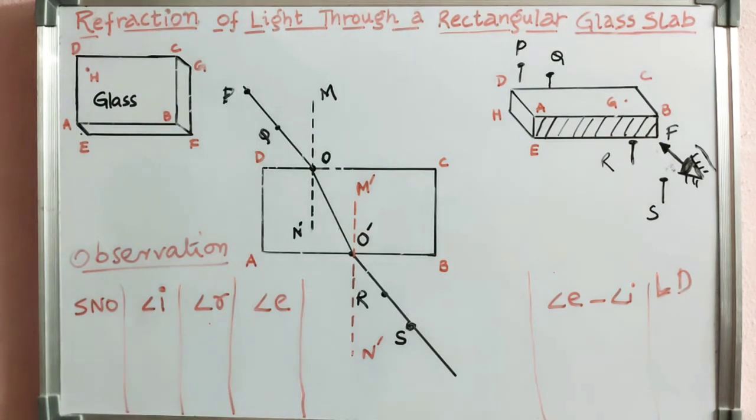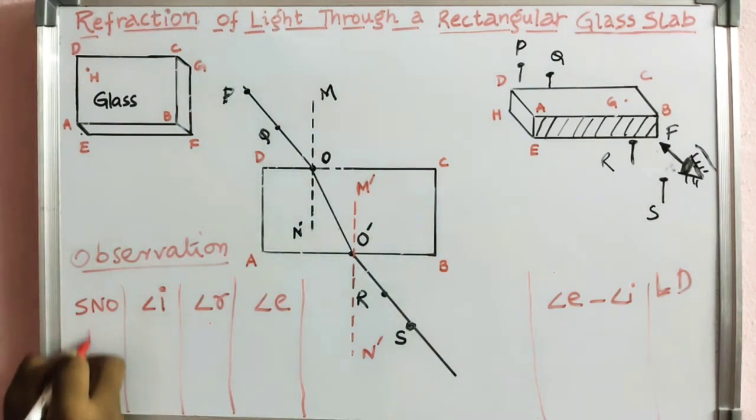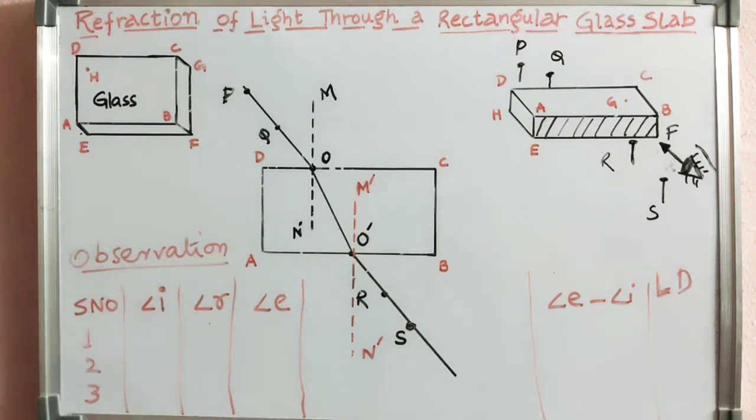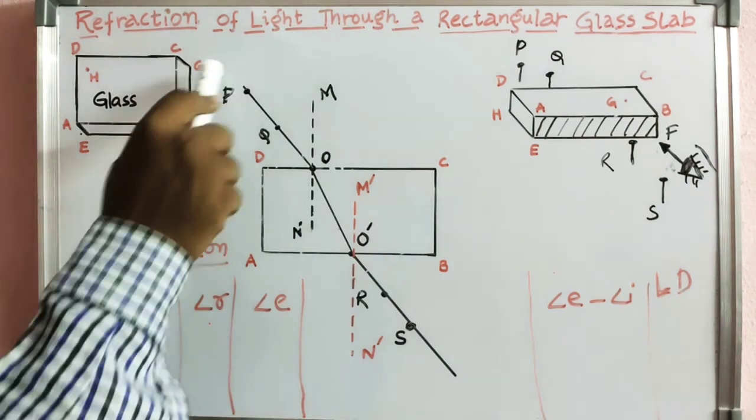Now, first thing, what do I need to do? How many times do I need to do the experiment? 3 times. 1, 2, 3. First, what is angle of incidence? The angle made by the incident ray and the normal at the point of incidence is called angle of incidence. So what is the incident ray? PQ.